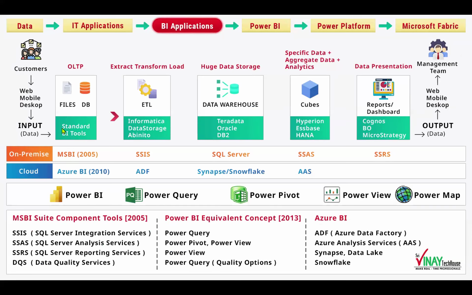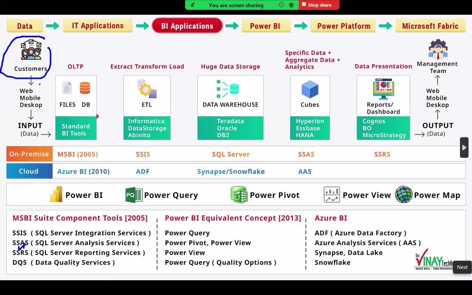See, look at the flow. The arrow, how it is flowing. So input data, OLTP, ETL, warehouse, cube, reporting, output. Able to see? So here you have the general public, different platforms, data, business data, transactional data.